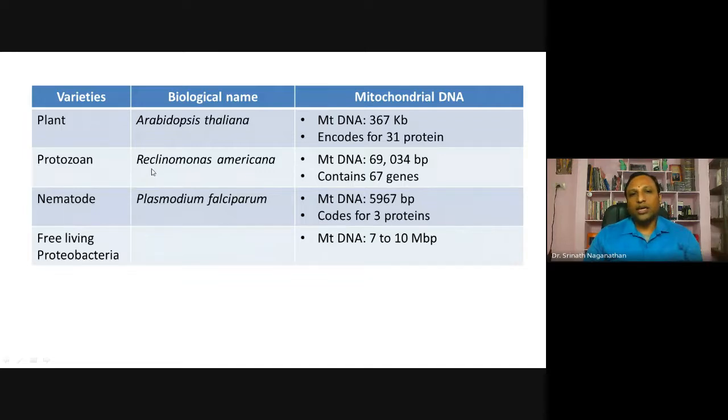In protozoans, Reclinomonas americana, the mitochondrial DNA is 69,034 base pairs and contains 67 genes. In Plasmodium falciparum, the mitochondrial DNA is 5967 base pairs, which codes for 3 proteins. And in free living proteobacteria, the genome is 7 to 10 Mbp, that is, base pairs.